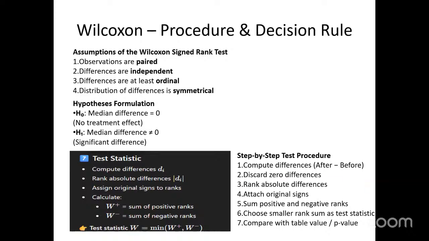Okay, is this clear to everyone? How do they interpret the data, the result? Yes, I have given the decision rule, right? The decision rule is similar to the Mann-Whitney test.